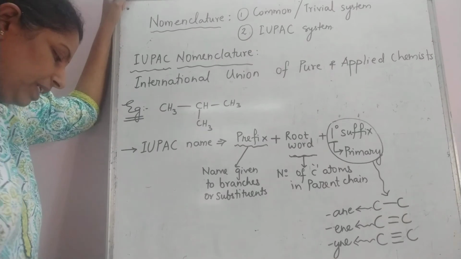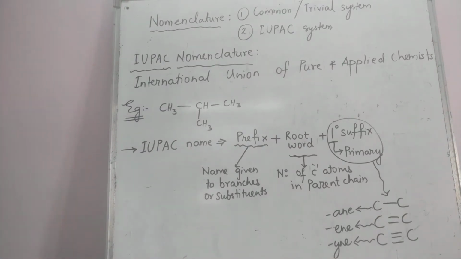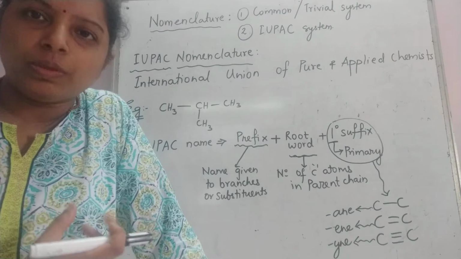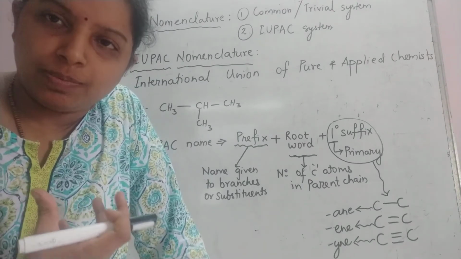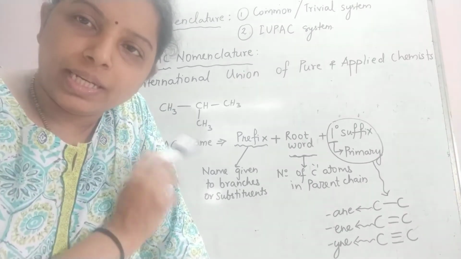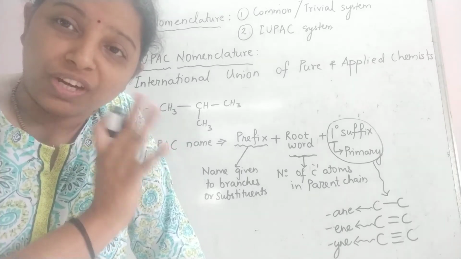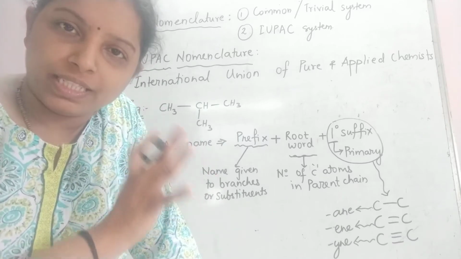Now let me tell you one thing. In the previous class we had discussed functional group. What is this functional group? A functional group is nothing but an active group which is present in the compound. Now this double bond and triple bond, though they are not completely called functional groups, are also active groups present in the compound.